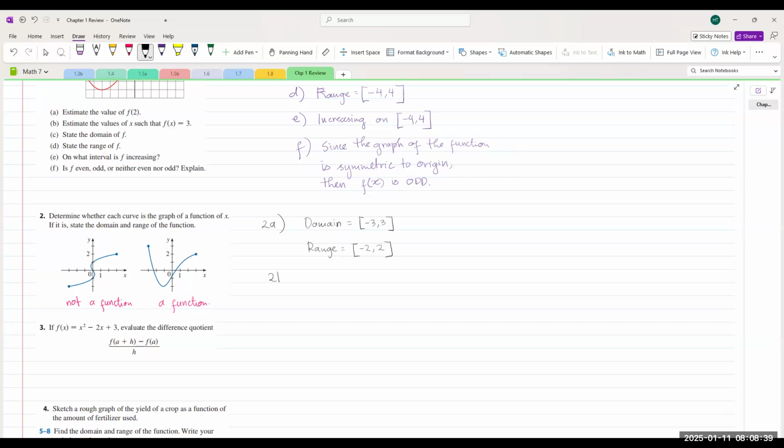While for the second graph, which is a function, the domain is from -3 to +3 also, while the range is from the minimum value of y, which is -2, to the maximum value of y, which is 3.